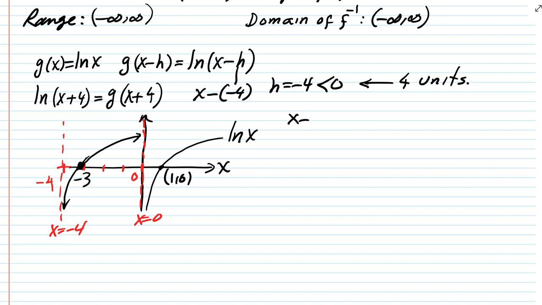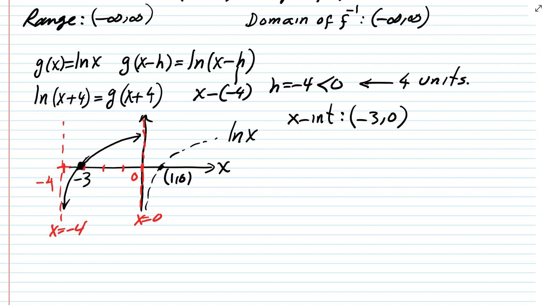Okay, so the x-intercept is going to be at -3, 0. You can try it when you put -3 here. -3 plus 4 makes 1, and natural log of 1 is 0. Okay, and maybe I do this ln of x dotted because that's not the primary graph.